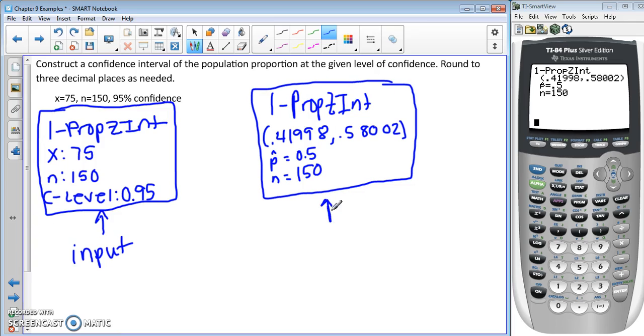So this is my output here: this is my confidence interval, then my point estimate, and lastly this is my sample size.